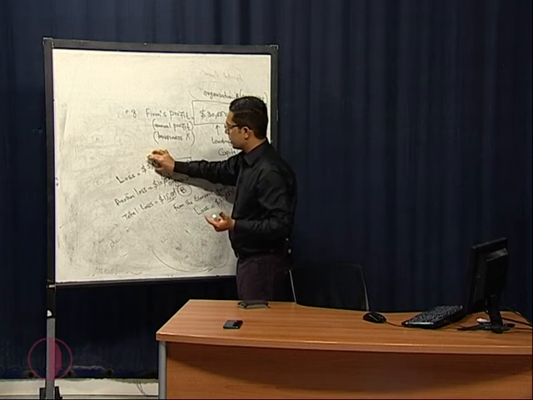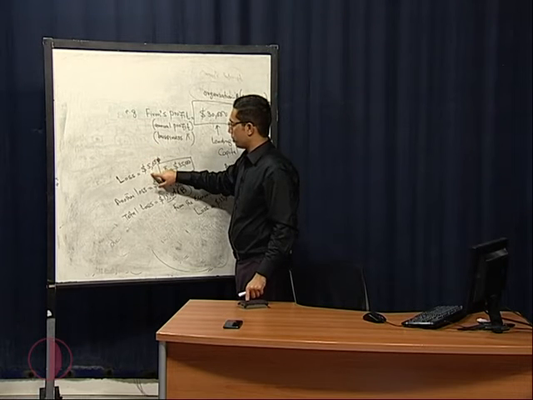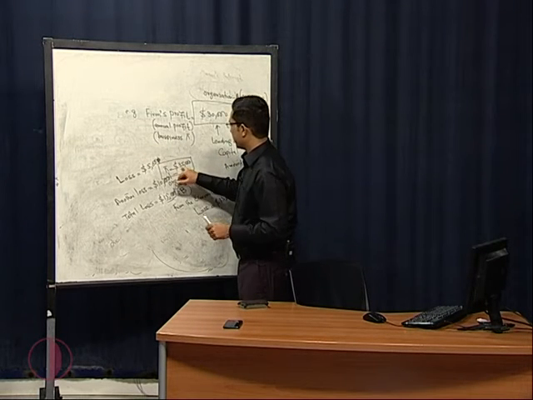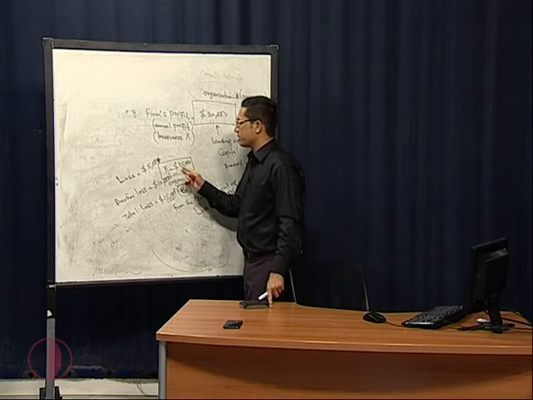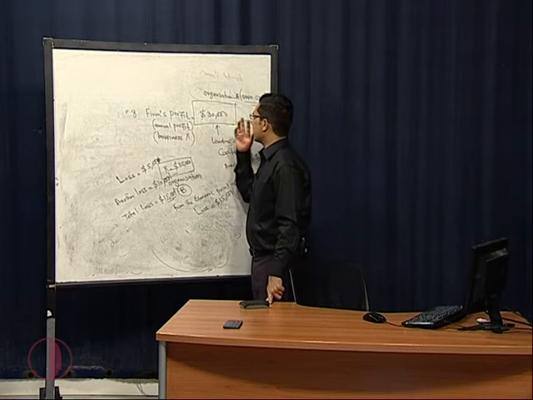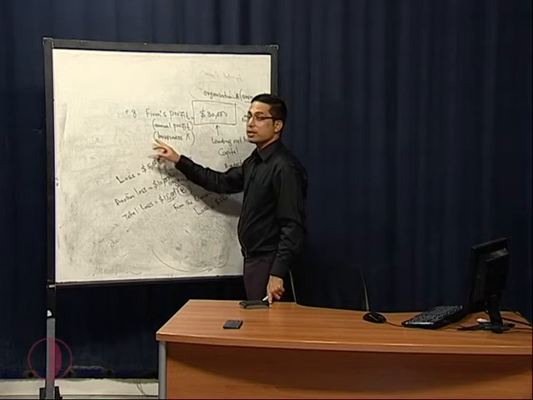He can get $35,000 if he provides his services in another organization, but he is working in his own organization. So this is a loss to economists.